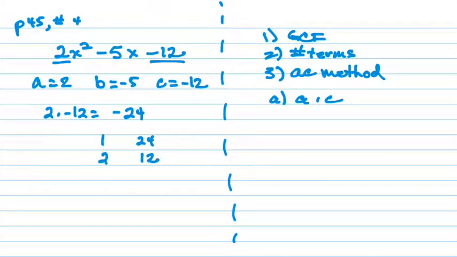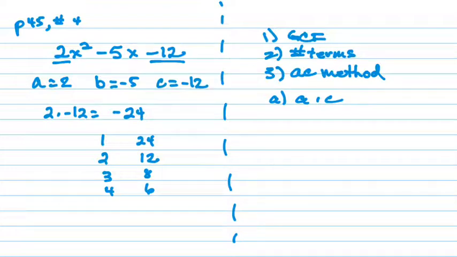How about 3? 8. How about 4? 6. How about 5? Nope. Do I need to try 6? No, because it's the opposite of 4 and already on my list. As long as you go in numerical order, you know when to stop. All I did was simply divide: 1 and 24, 2 and 12, 3 and 8, 4 and 6.